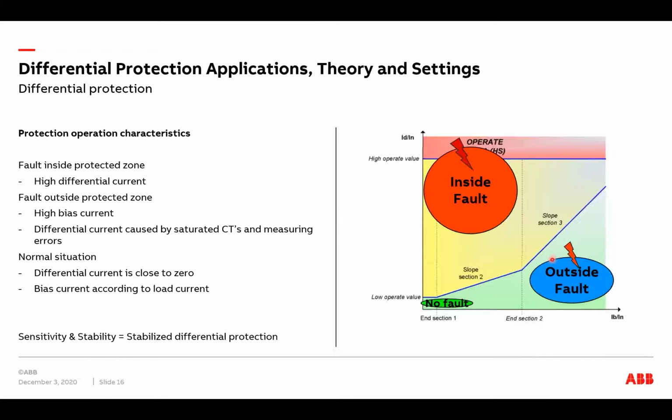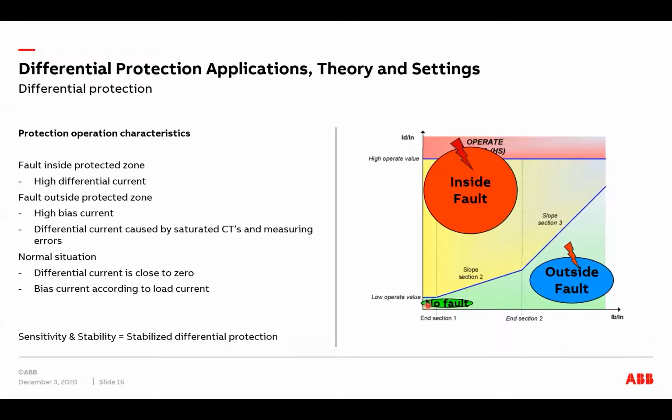The differential current will not be zero here, due to some measuring errors in the CTs, and there can also be some partly saturated CTs, which will lead to the protection measuring a difference current. And then in a normal situation, we are below the stabilized stage and somewhere around here.